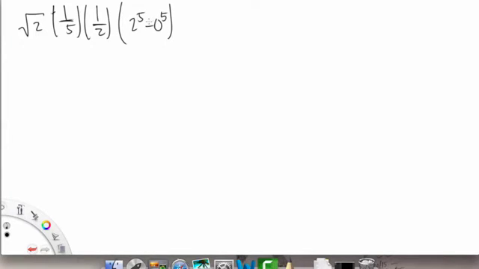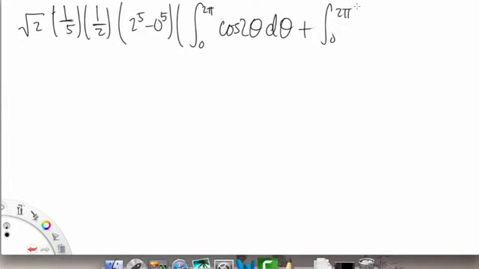Then we also have the rest, which I'm going to break up into two separate integrals so we can deal with them in a simple way. So then plus 0 to 2 pi d theta, because there's a 1 in front here, right?